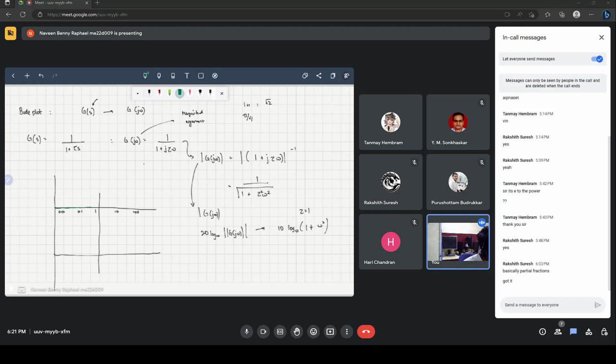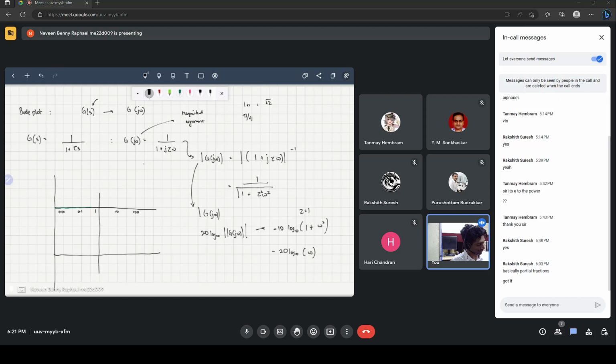Oh, I made a small mistake. It's a minus sign because this is in a denominator. Now, as omega becomes really large, 1 plus omega squared is very close to omega squared. So we'll get minus 20 log 10 of omega.